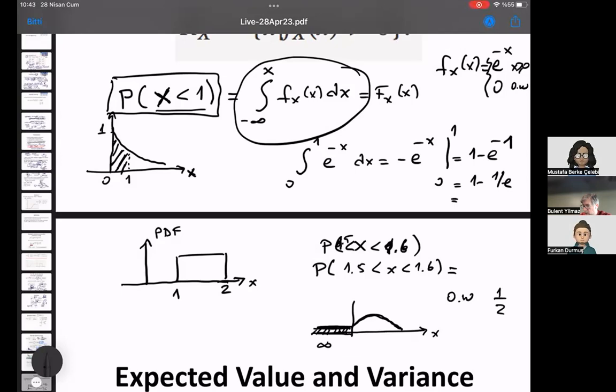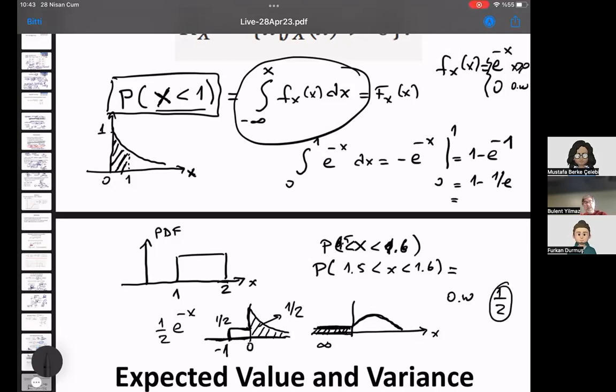That's why otherwise, if it is 1/2, let us do it, e to the power minus x times 1/2. So it will be something like that. So the area here is 1/2, and there should be another 1/2. So, for example, I can do it like that.